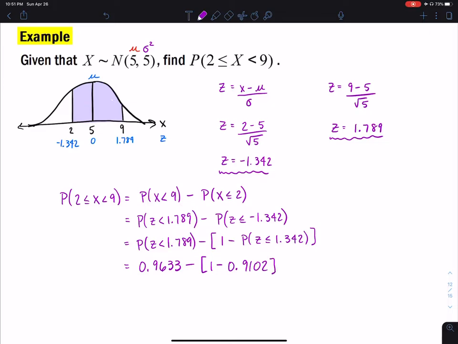I plugged that whole thing into my calculator, and you're going to get a longer decimal than you need, but I always write it out. Then you can round to 3 significant figures. If your value starts with a 0, that 0 is not significant. So it's 8, 7, and then you round that one right here to a 4. And that is your answer, guys. Ta-da!